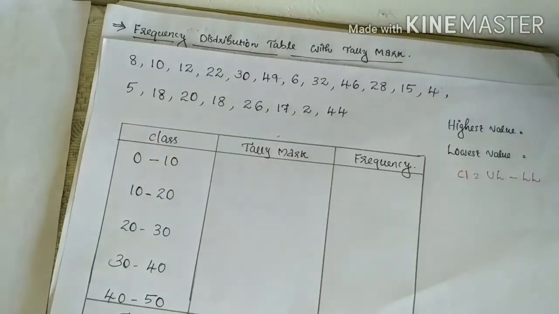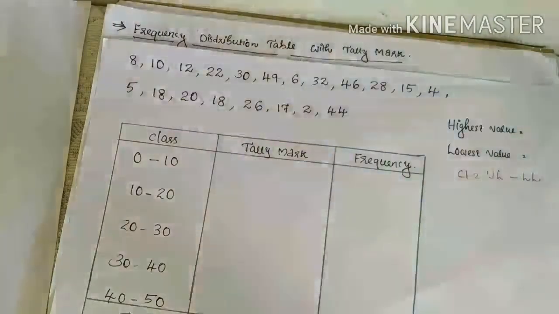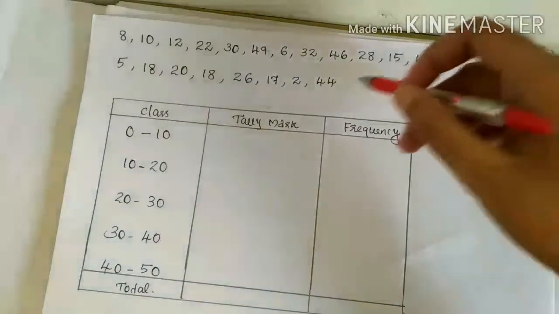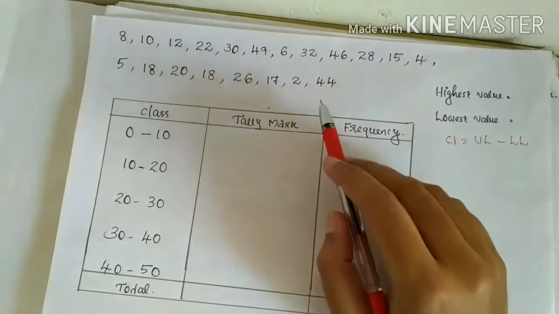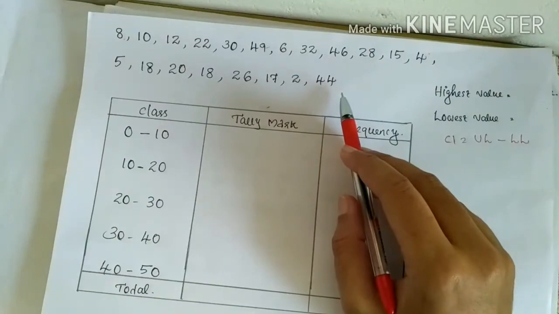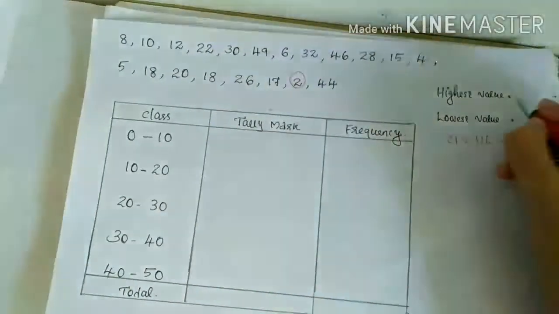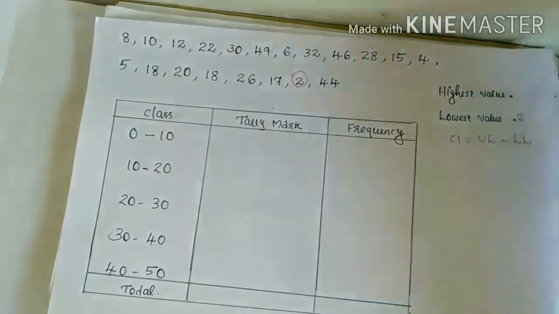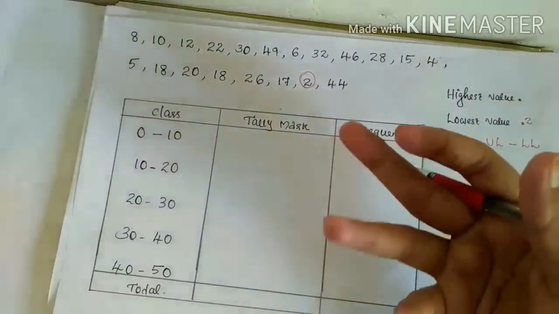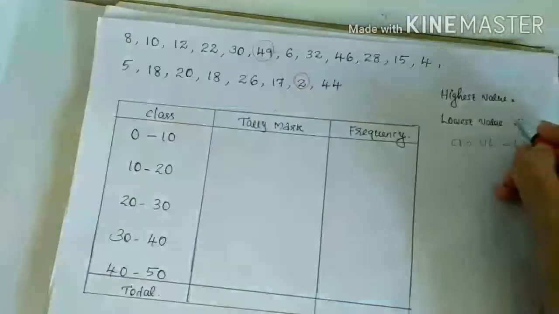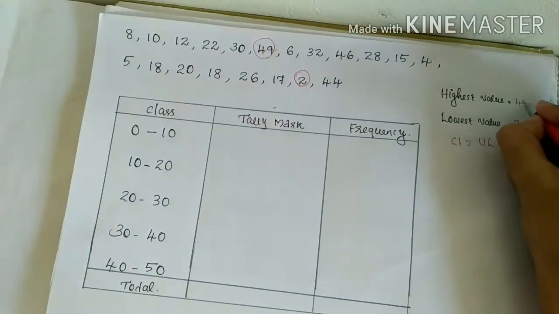The first procedure for constructing a frequency distribution is to find out the highest value and lowest value in this given series. Here the lowest value is 2, and the highest value is 49.